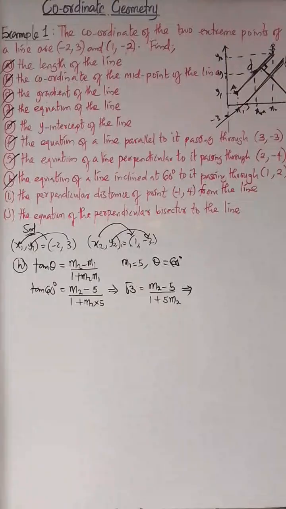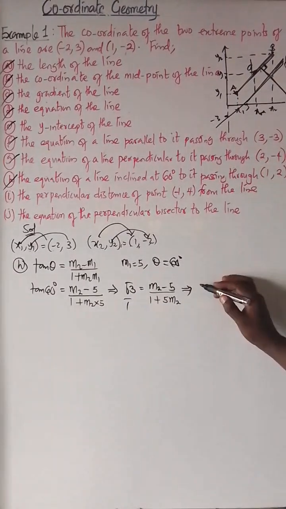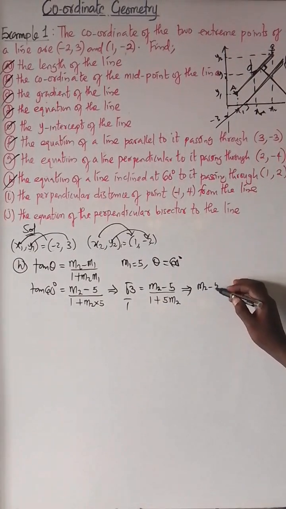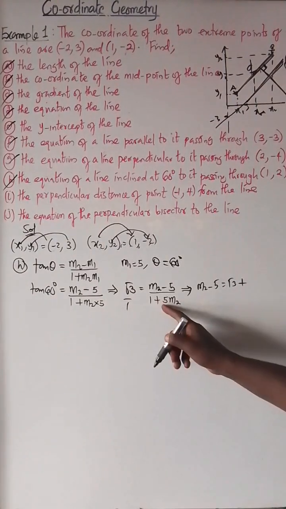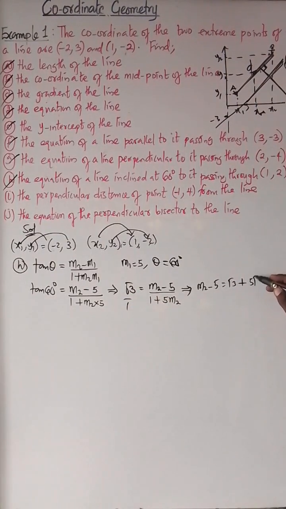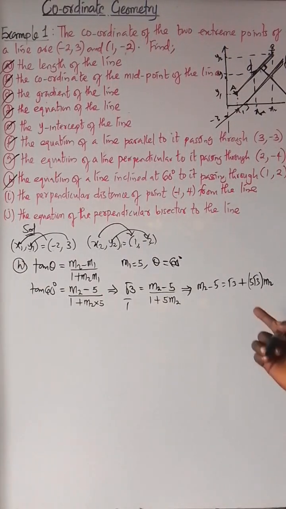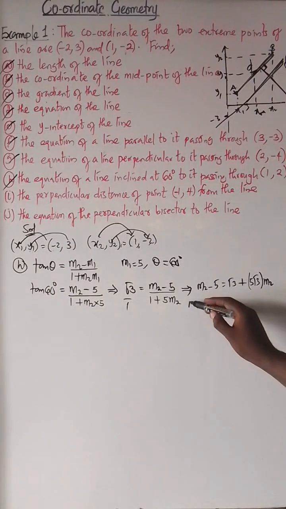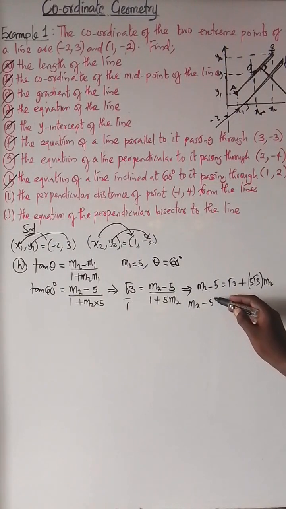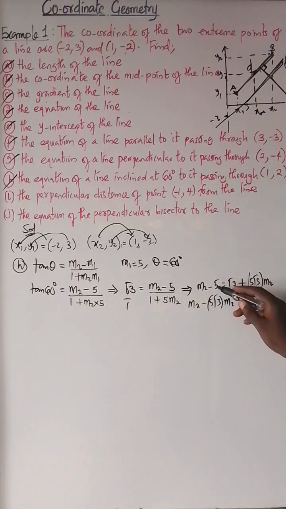If we cross multiply, we have M2 minus 5 equals root 3 plus 5 root 3 M2. Our aim is to get M2, so let's bring this one here. So we have M2 minus 5 root 3 M2 equals root 3, and bringing this one over, it becomes plus 5.